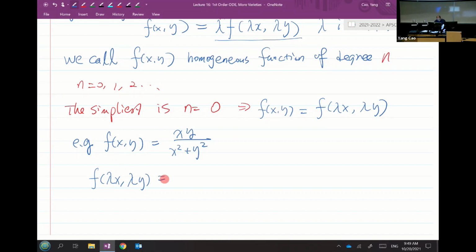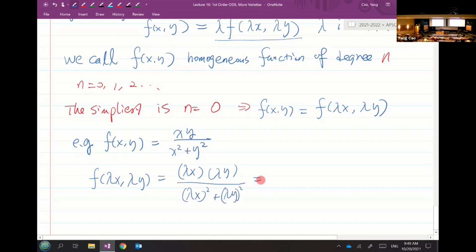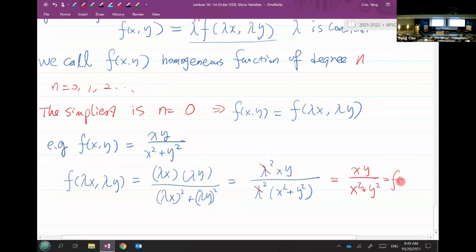So lambda x squared, lambda y squared. You've got lambda everywhere. So on the top you get lambda squared xy. On the bottom you also have a common factor lambda squared. And then cancel. So you end up with exactly the same as f of x, y.